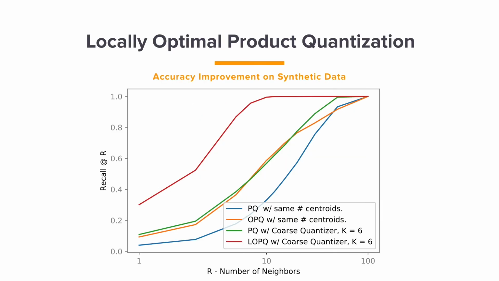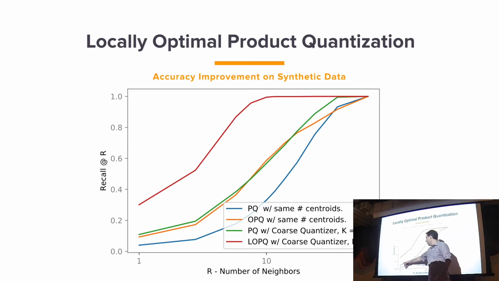So let's look at the results on our toy data set. Whoa. This is our recall at R curve. Recall at 1 using locally optimized product quantization is almost 30%. It's like 3 times higher. I compared it to optimized product quantization with the same number of centroids, because we have to do that thing with the coarse thing and all. And product quantization with the same number of centroids.